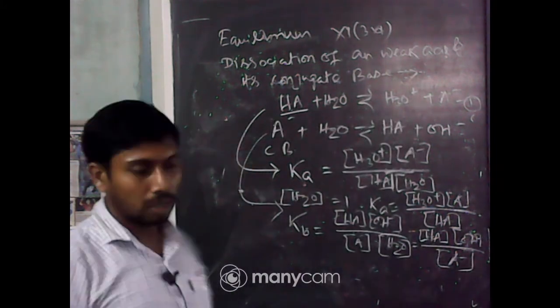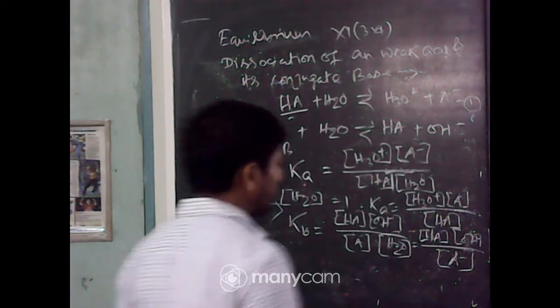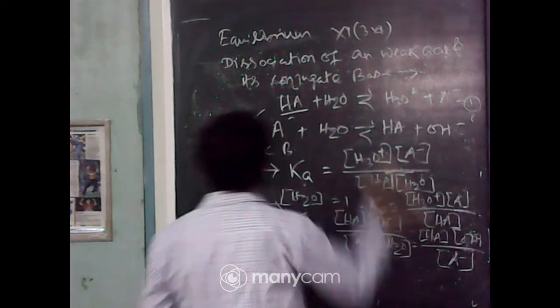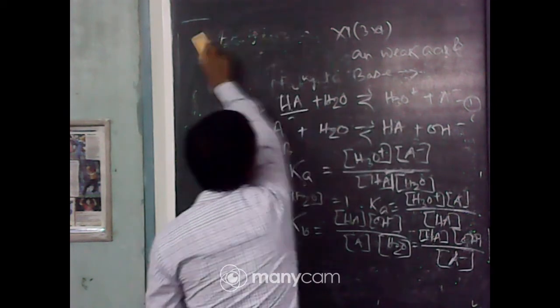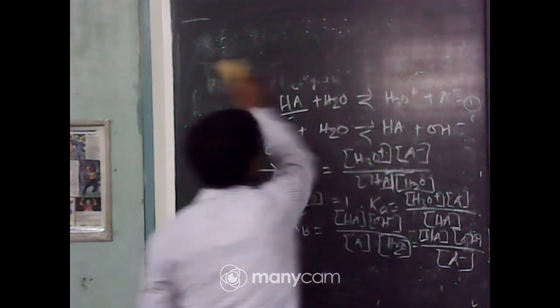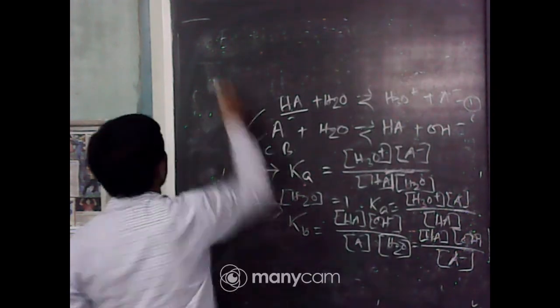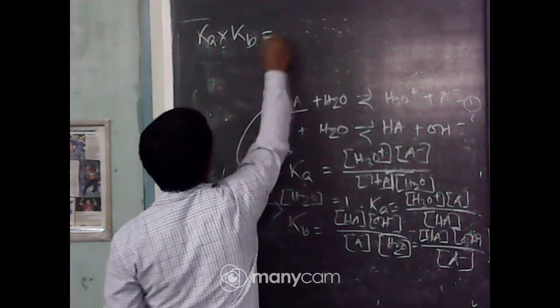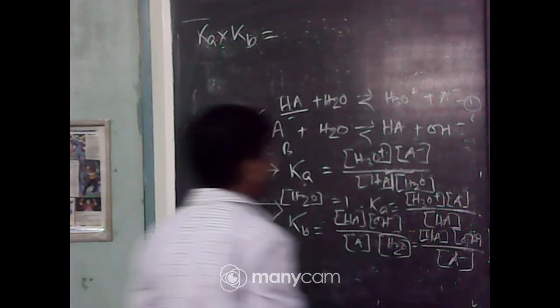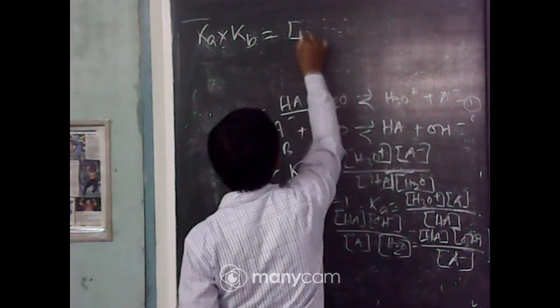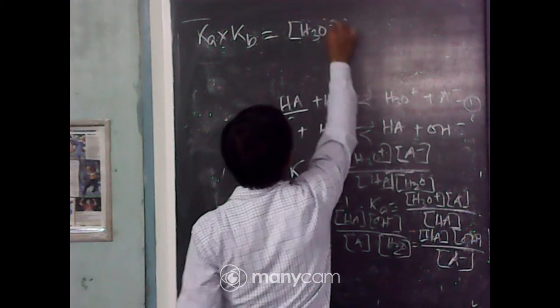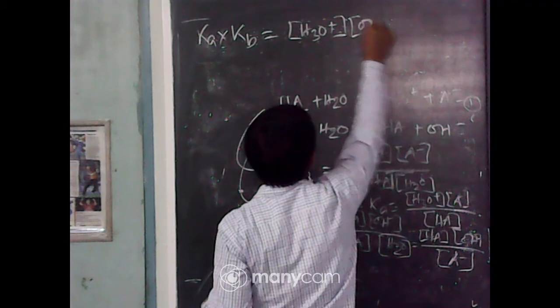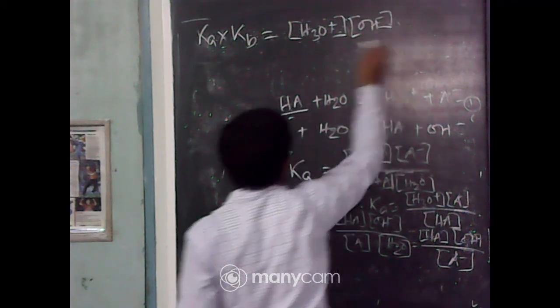Right. Now, if we want to calculate the relation between Ka and Kb, just multiply these two, that is Ka into Kb, then you can find that after simplifying, the residue part will be concentration of H3O plus into concentration of OH minus.